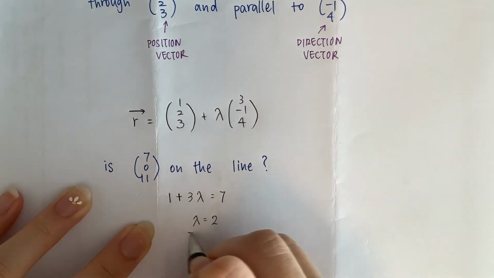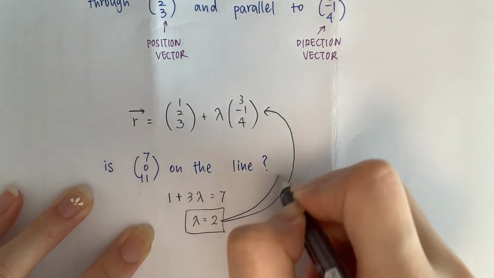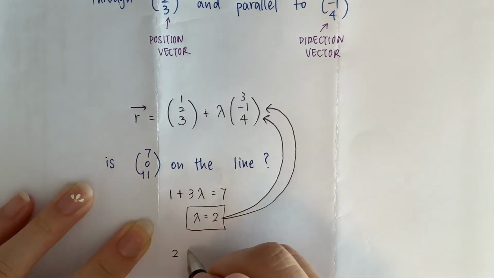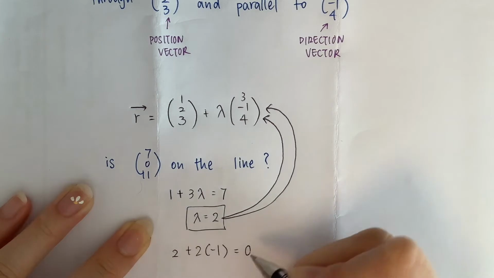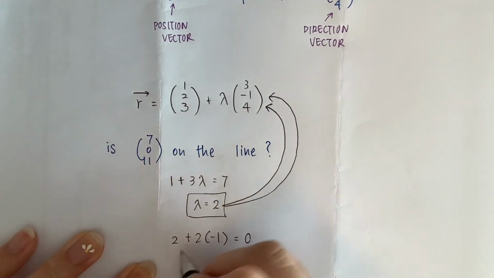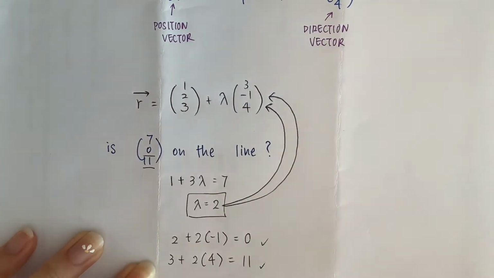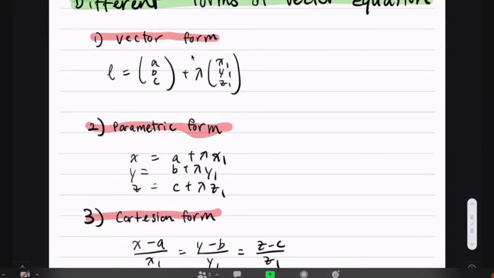Next we can sub in lambda equals 2 into the rest to see if it lines up with that point. For the y-coordinate, we can go 2 plus 2 times -1, and that's 0. And for the z-coordinate, 3 plus 2 times 4, we get 11. And (7, 0, 11) is exactly the same as the point, so we can say yes, the point is on the line.